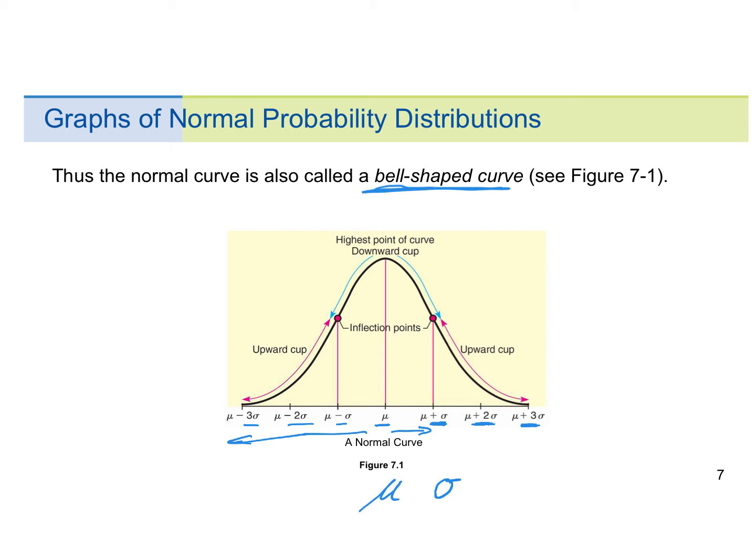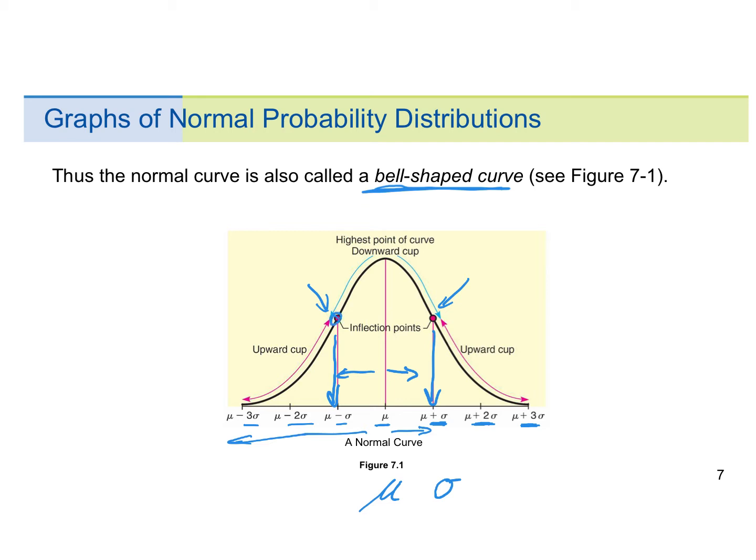A couple other vocabulary type things are these 2 inflection points. Basically what an inflection point is, it first of all is at the first standard deviation. This is considered 1 standard deviation above the mean, and this is considered 1 standard deviation below the mean.